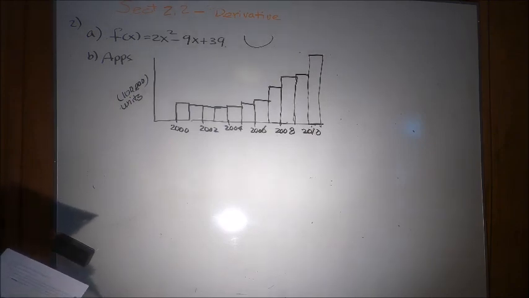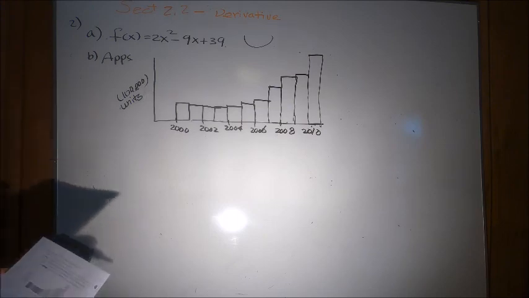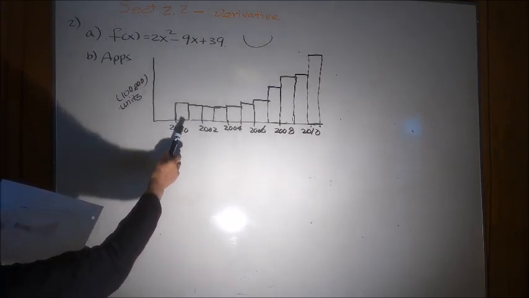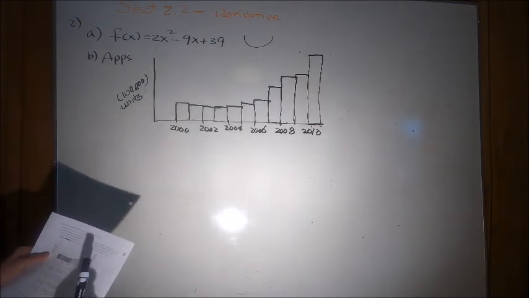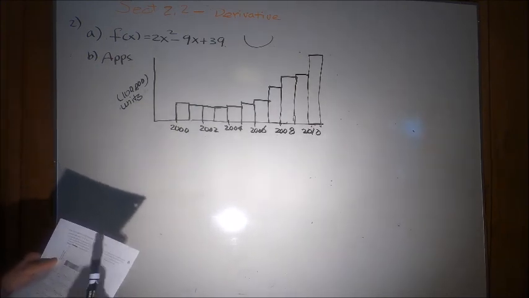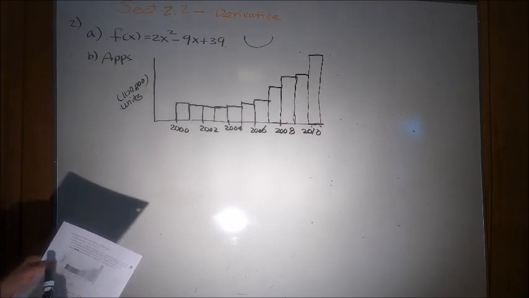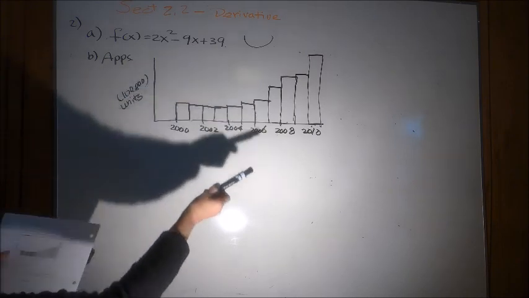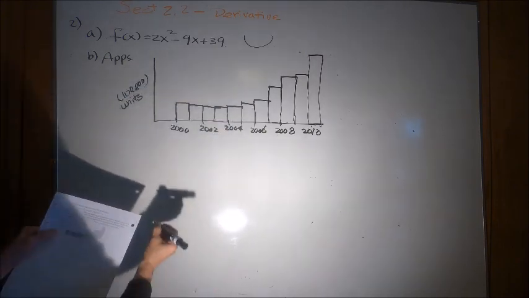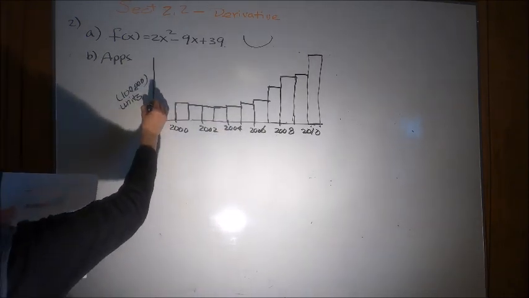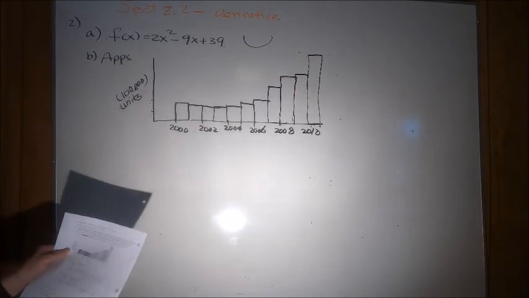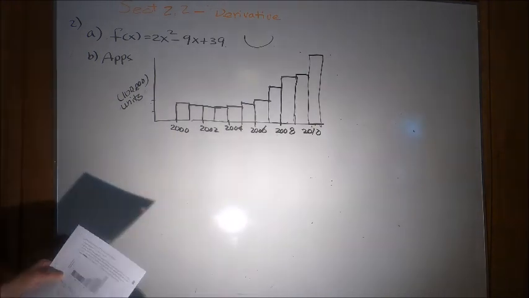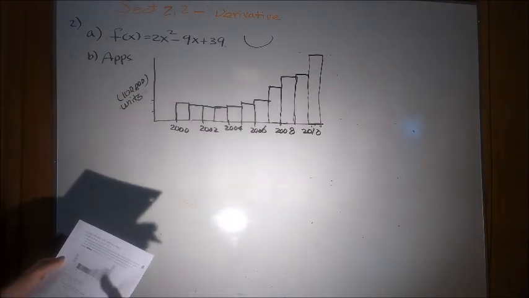So we also give you a graph for application. It says the graph shows the annual sales of Apple Macintosh computers for recent years, in hundreds of thousands of units, right? So this is 0, 20, 40, things like that. Then from year 2000 to year 2010.